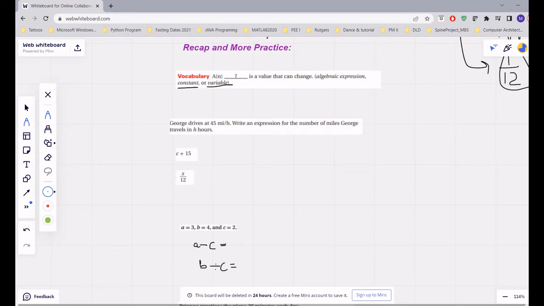It's an expression, not just a value. So in this definition, variable goes well. So the answer is variable. A variable is a value that can change. All right, let's move on.